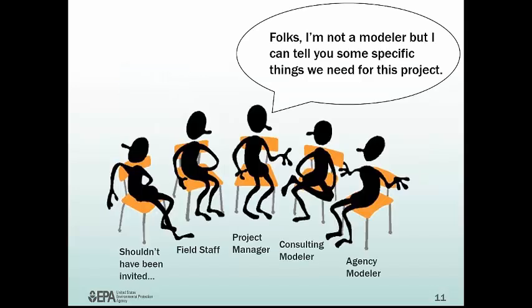So the first thing you should do once you've formed your group is to get together and discuss with the team the needs of the project, any constraints or limitations, and what the expected outcomes are to be.